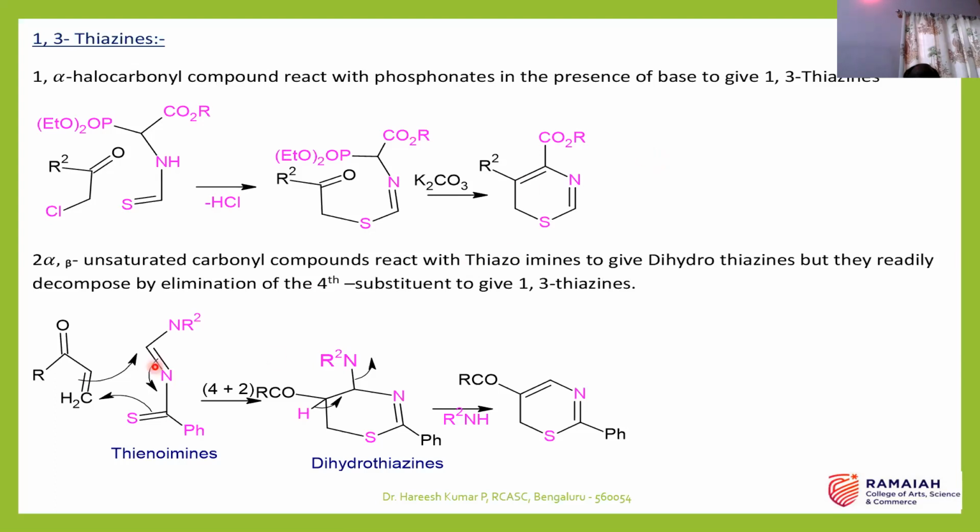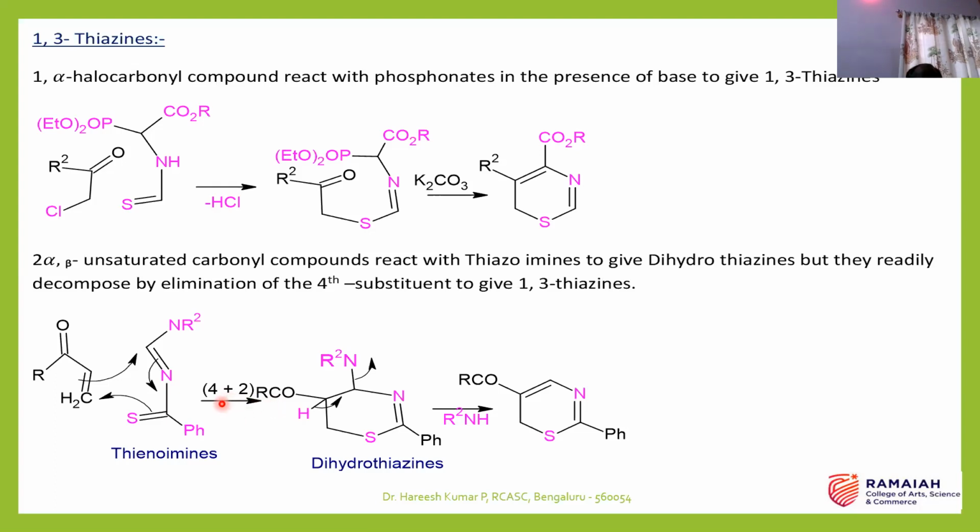One more method of preparation starts with an alpha beta unsaturated carbonyl compound. When the alpha beta unsaturated ketone is treated with a compound called thiazoimine, here also a 4+2 cycloaddition occurs.